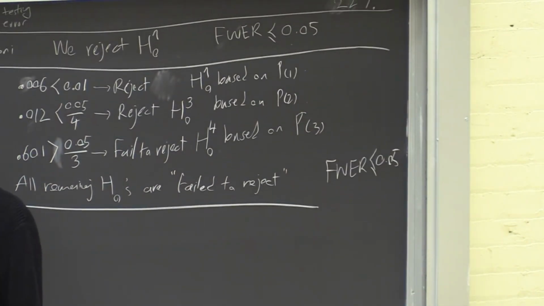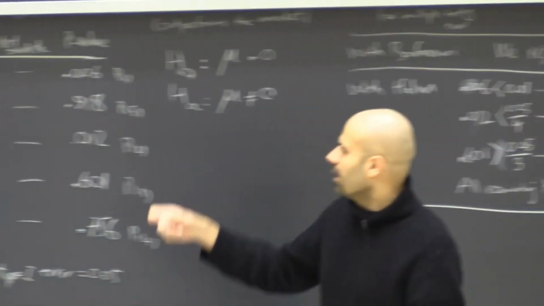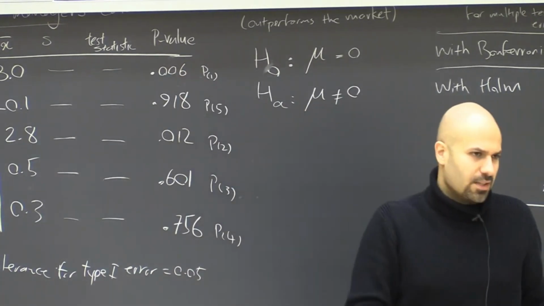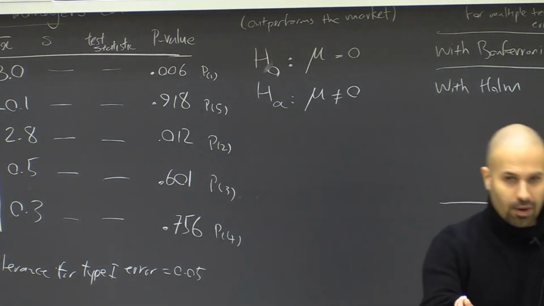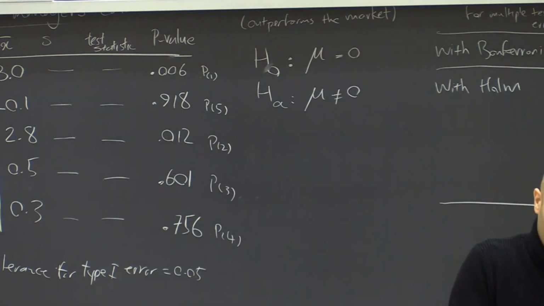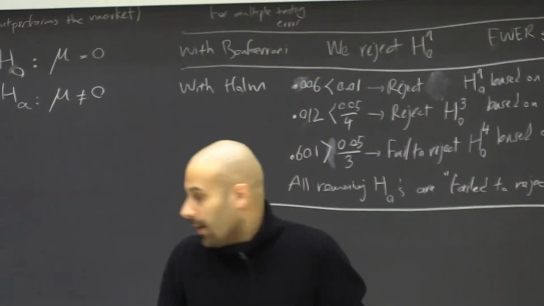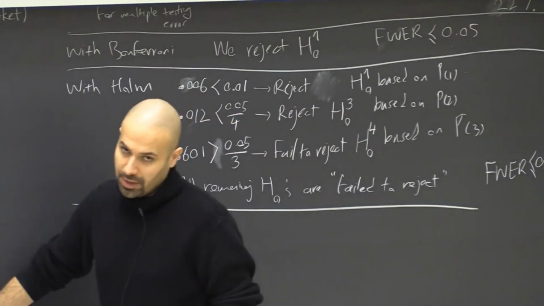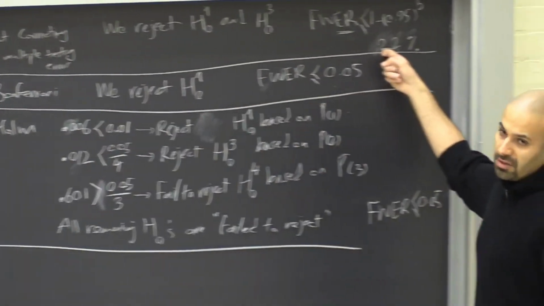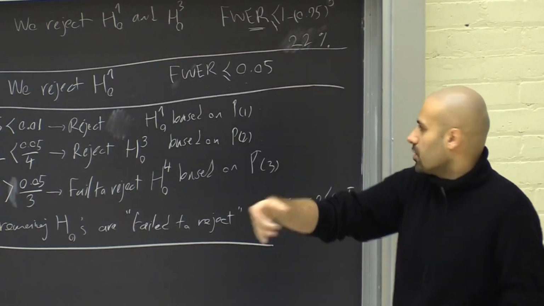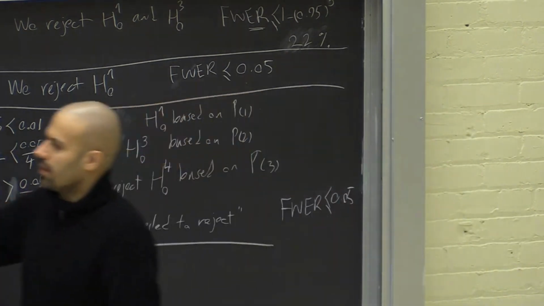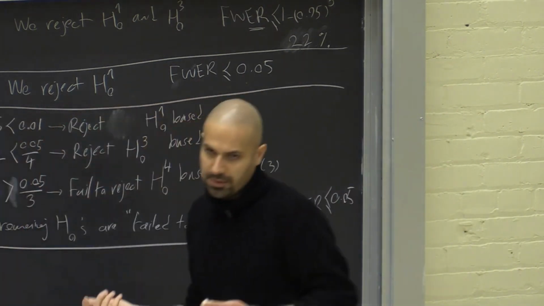When we are looking at a table like this, it's very tempting to say, all right, this one is significant, let's report this in the paper, in the article, and forget about the rest. And if we are hiding some parts of our analysis, technically our family-wise error rate is this, but the readers of the article would not see the whole process and would assume that we only had one test and therefore our type 1 error is 5%.